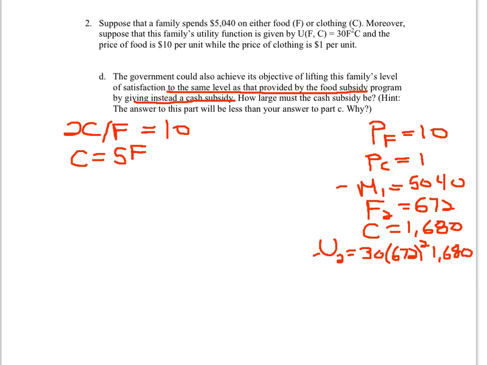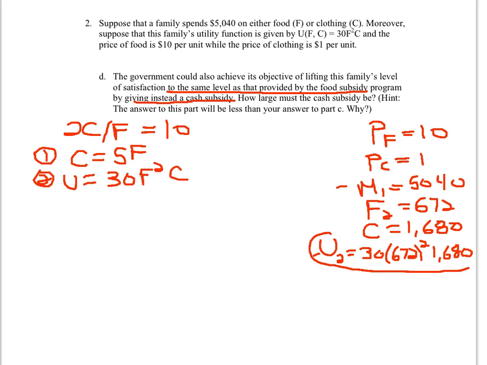And then we also have the utility equation, which is U equals 30F squared C. Now notice that we have two equations, but really we only have two unknowns because the value of U is actually known. It's going to be U, call it U3 or whatever you want to call it. It's going to be this value right here. So U in this problem is not an unknown. So what we can do is replace one into the other to solve, right?